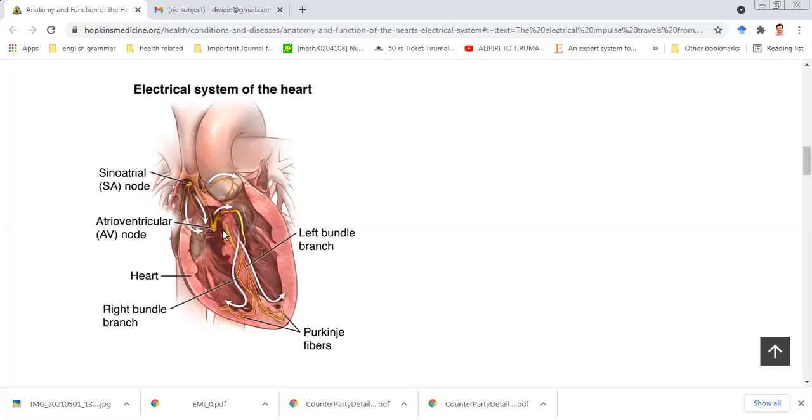From there it is distributed towards the two ventricles, and from those two bundle branches. This yellow one is the right bundle branch, and this is the left bundle branch.